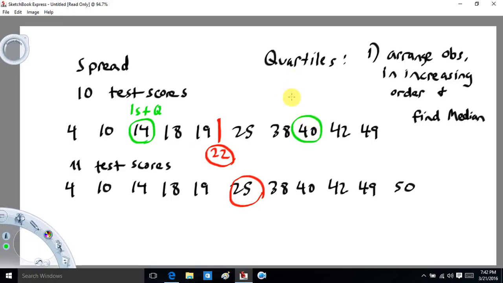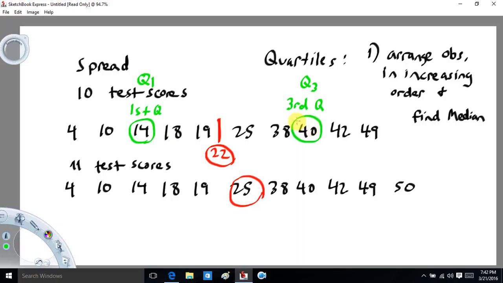This would be the third quartile, or Q3. And we can abbreviate the first quartile as Q1. So this is Q1 and this is Q3.